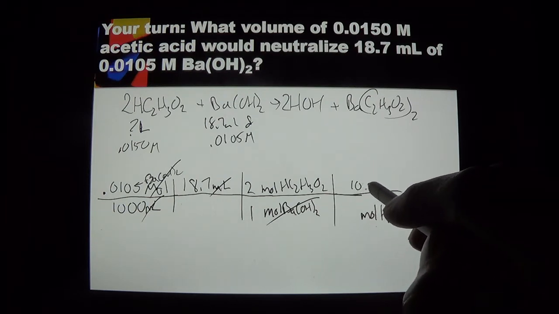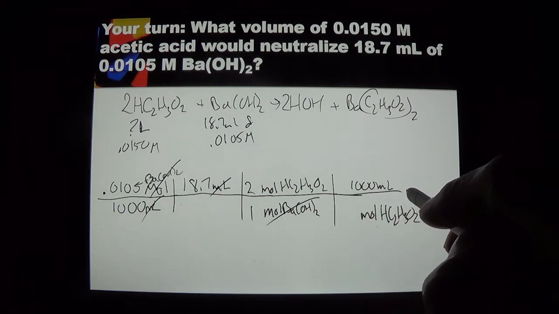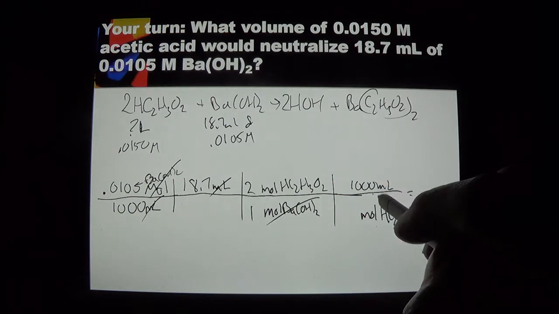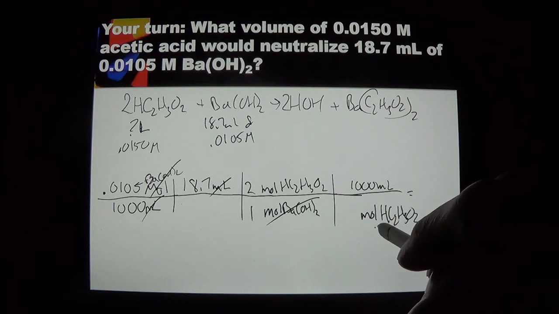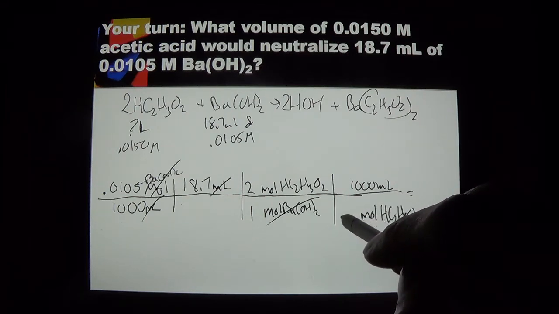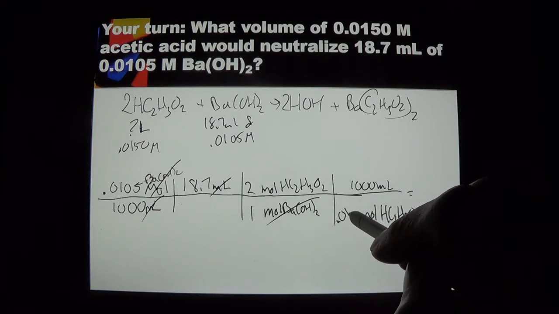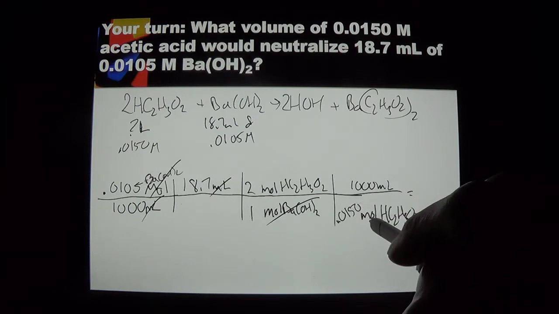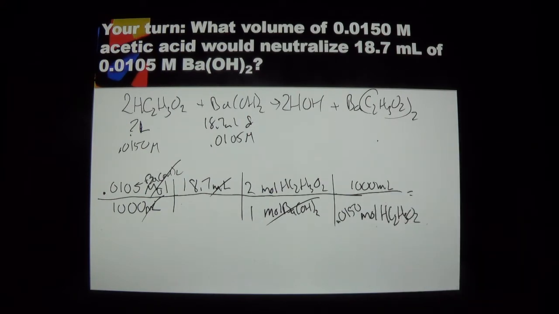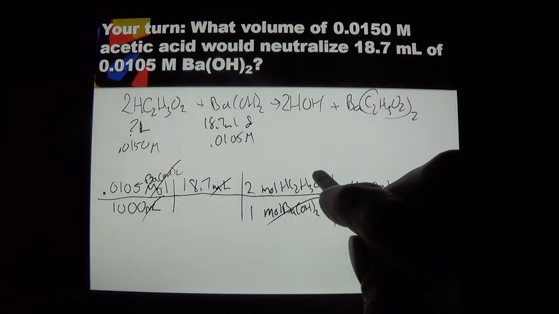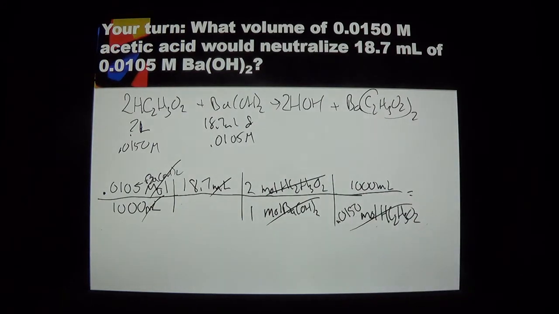Let's put 1,000 milliliters here. Okay, because again, I could do moles per liter or moles per 1,000 milliliters. And the concentration they told me of the acetic acid was 0.0150 moles per 1,000 milliliters, moles per liter. However you want to phrase that, but just be sure you know what your label is at the end.